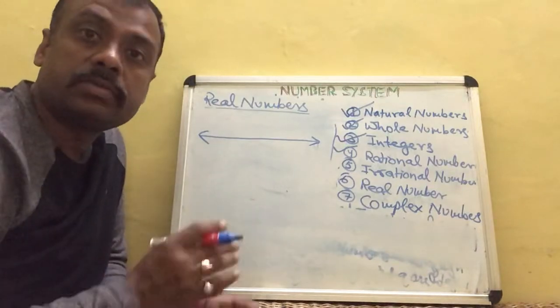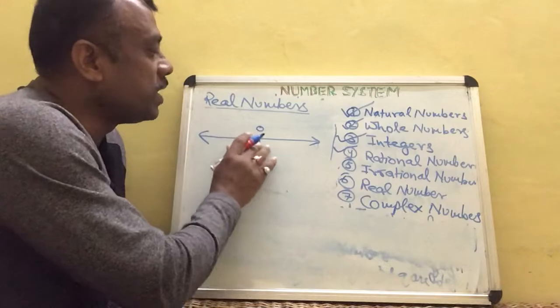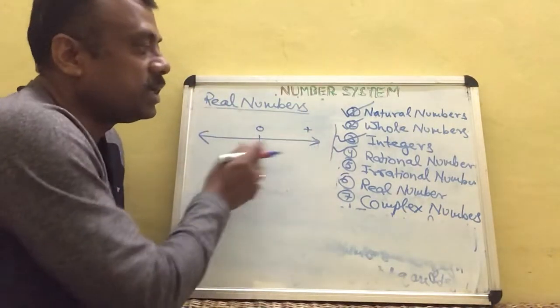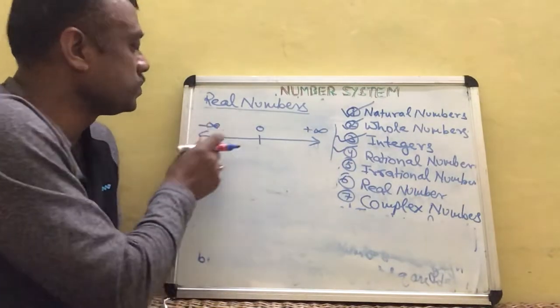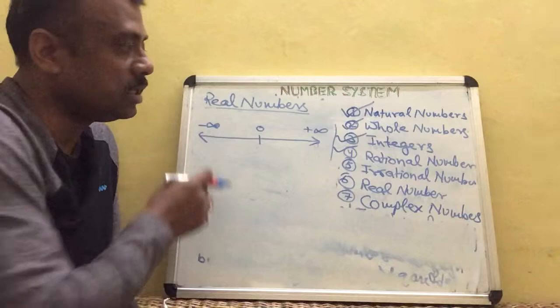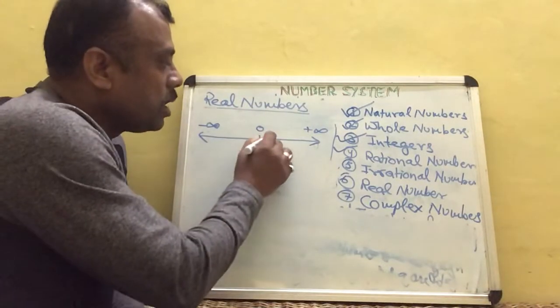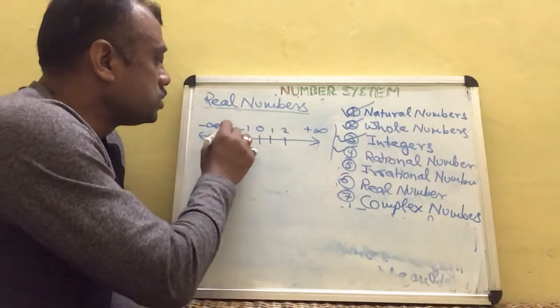There are many numbers between two numbers. So let us define using a line. A line is endless. If I take this side as positive direction, this side as negative direction, it goes off to infinity. There are infinite numbers. Now we will put 1, 2, -1, -2.